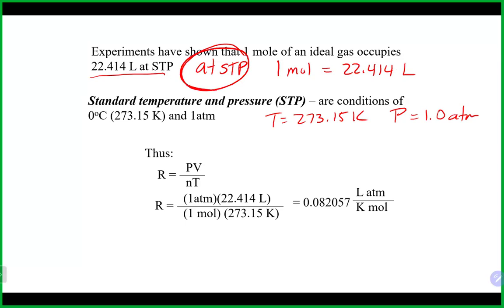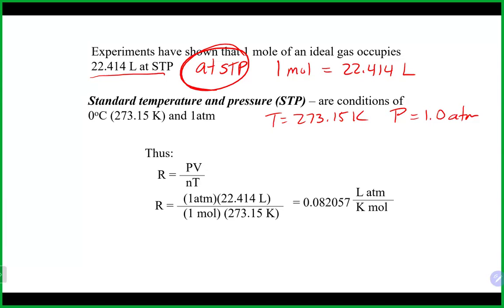So once again, if you are not at STP conditions, you should not use that conversion factor. Why would you want to use that conversion factor? You could use that conversion factor and avoid using the ideal gas law if you are under STP conditions. If you are not under STP conditions, you should definitely use the ideal gas law.